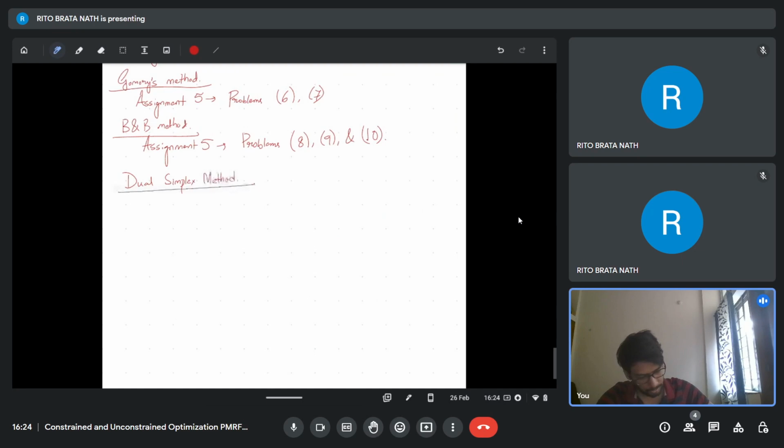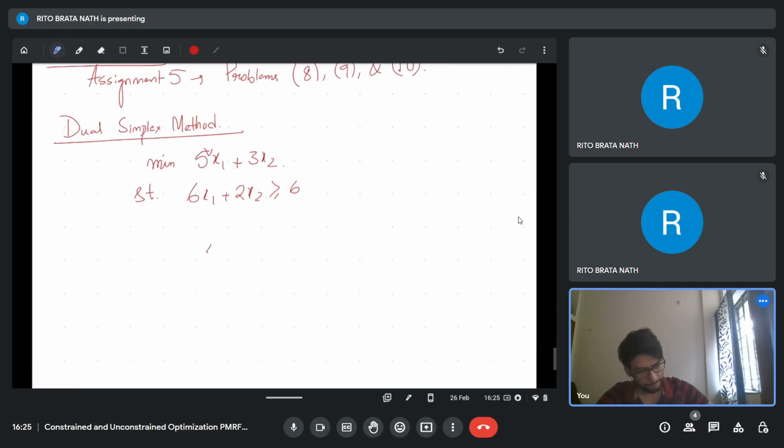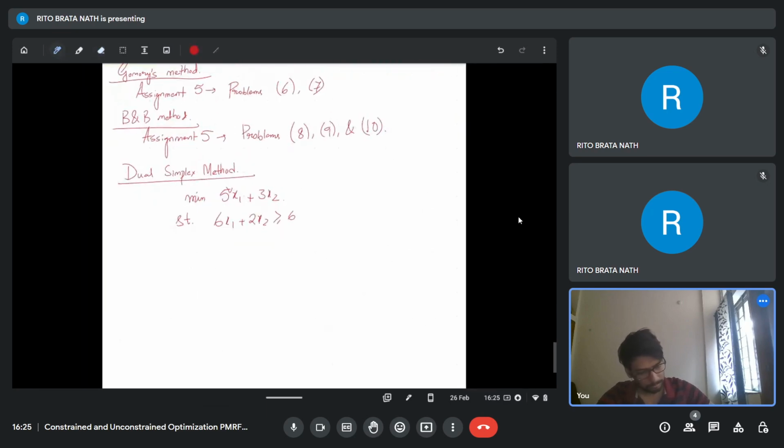Let's minimize 5x1 plus 3x2 subject to 6x1 plus 2x2 greater than or equal to 6, 4x1 plus 3x2 greater than or equal to 6, and x1 plus 2x2 greater than or equal to 3, and x1 and x2 are greater than or equal to 0.